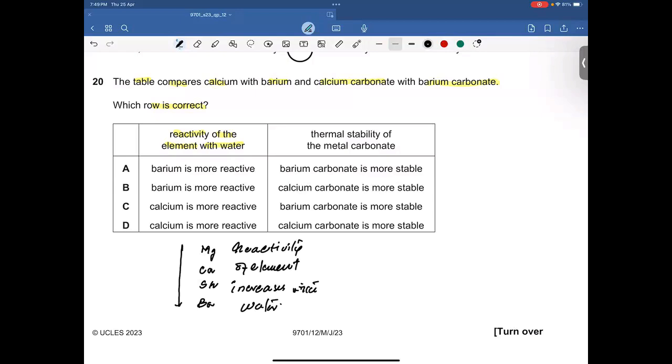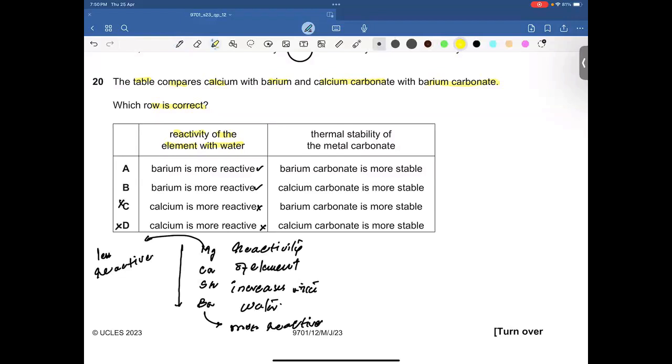So barium technically is more reactive, whereas calcium is less reactive. So C and D options are incorrect.